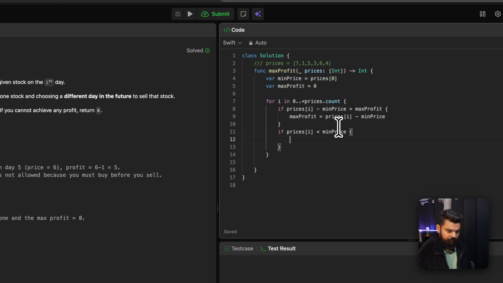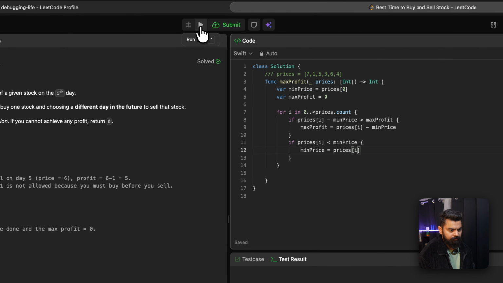Then accordingly we'll see the profit. So in this case, min price equals prices[i]. So this is our solution, and we'll see if these tests are working.